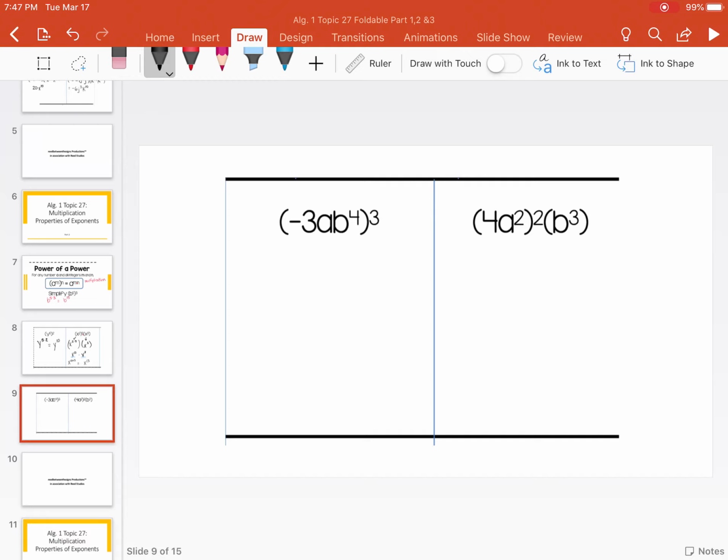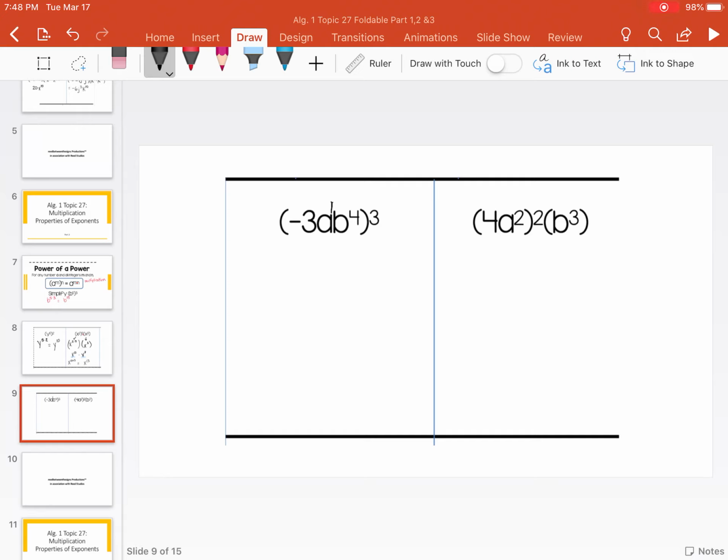So we have the quantity negative 3 a b to the 4th all raised to the 3rd power. Now here, notice what we have. We have negative 3, this is a to the 1st power, b to the 4th, all raised to the 3rd.